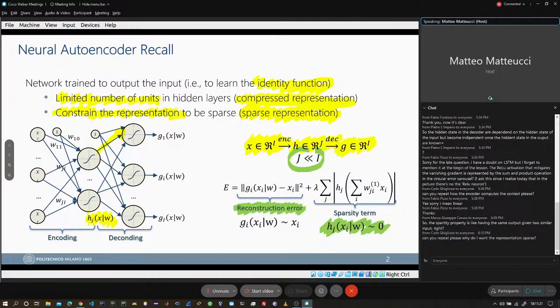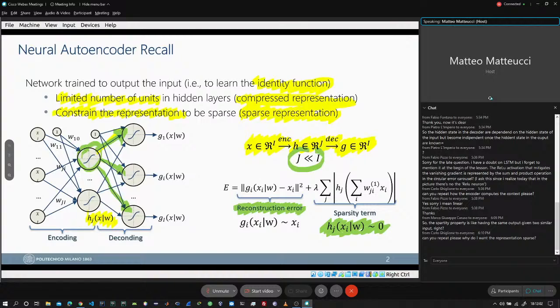So it is a regularization term to make the problem more constrained, more regularized, and this sparsity term somehow says, okay, if this one is 1 and the others are 0, it is like having one cluster of input represented by this neuron, and this cluster of input gets reconstructed when your data belongs to or activates this hidden neuron.